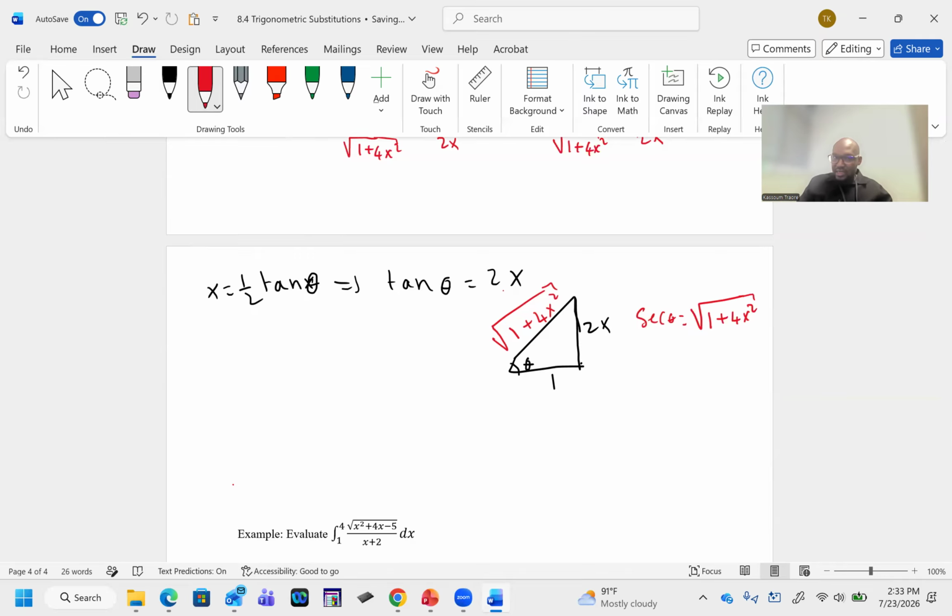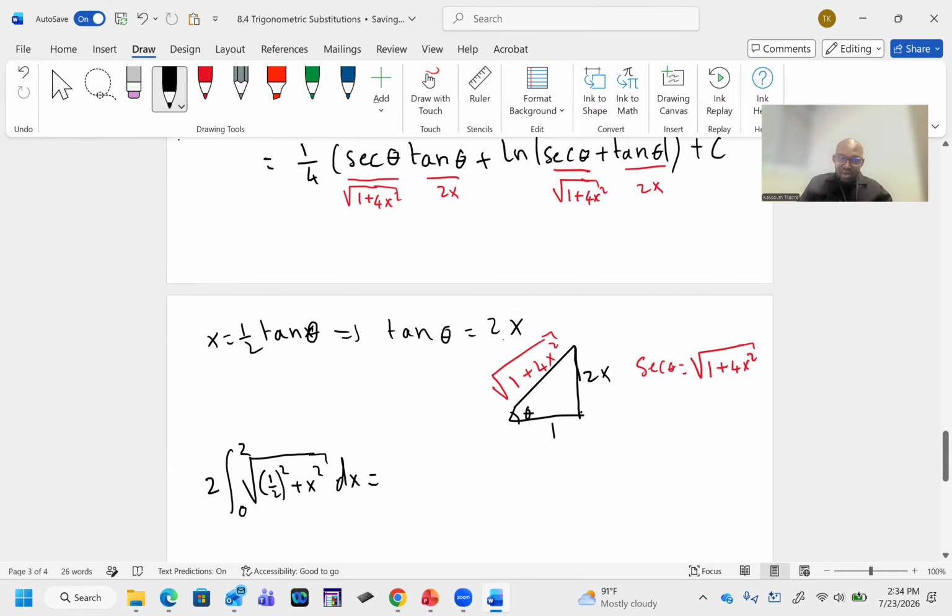What I was trying to say is, since the beginning, our 2 times the integral from 0 to 2 of the square root of 1/2 squared plus x squared dx will be equal to, now 1 over 4, going to use a bracket, 1 over 4 times secant theta, which is the square root of 1 plus 4x squared, times tangent theta, which is 2x, right?